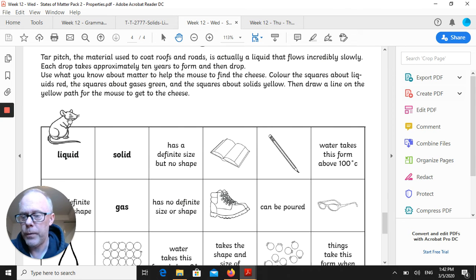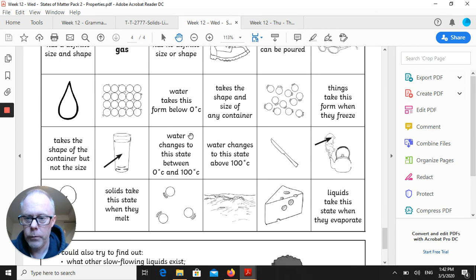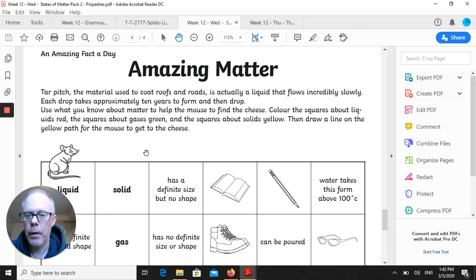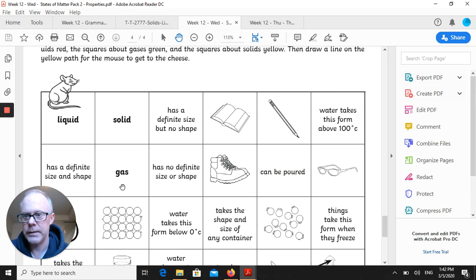So what you need to do is have a look at each box and colour it in the colour that belongs to its state of matter. So colour the squares about liquids red. So, for example, that drop looks a bit like a liquid to me. I'd colour that box red. And I'd go through the rest of the boxes to see if there are any more red boxes there about liquids. Squares about gases, for example, the box that says gas, you need to colour green.